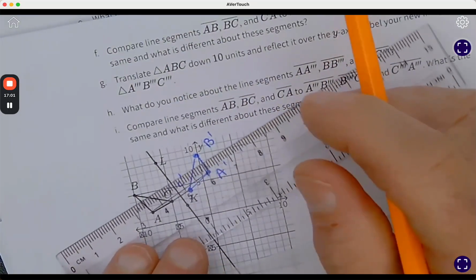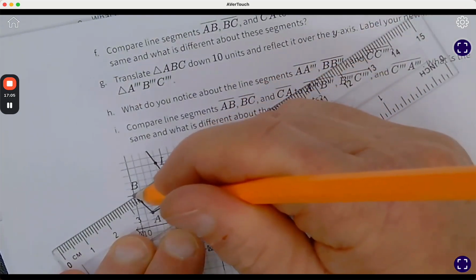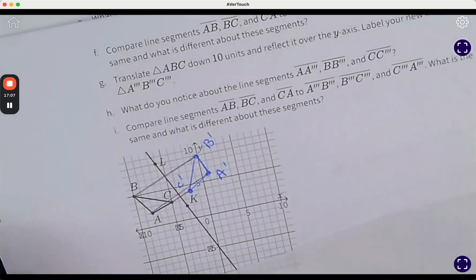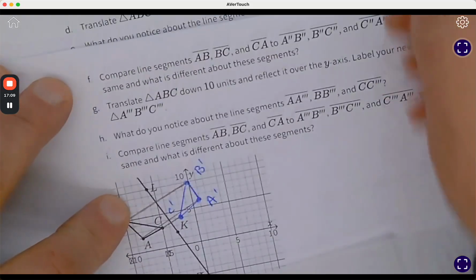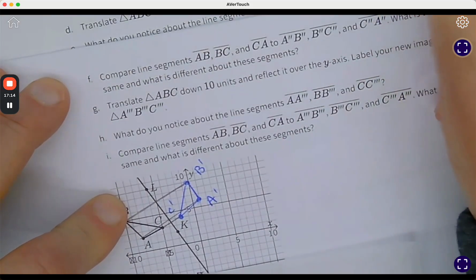I'm going to draw B prime. They're all parallel to each other.